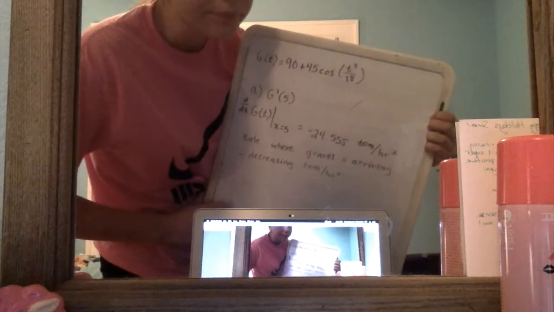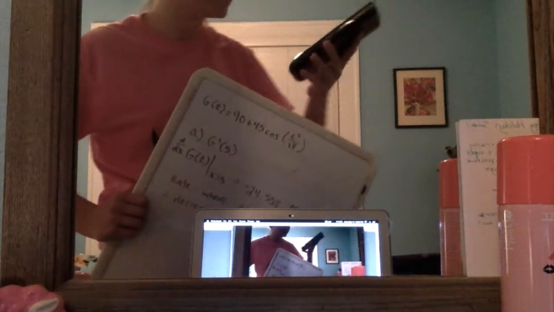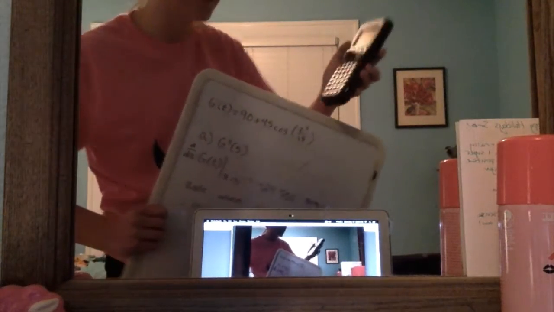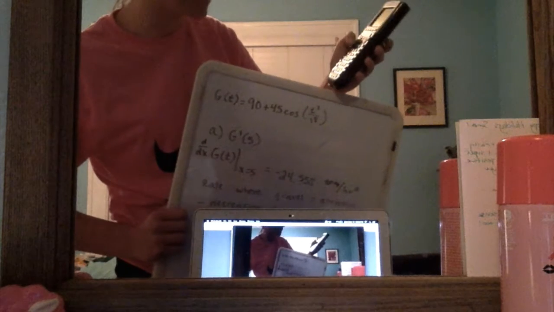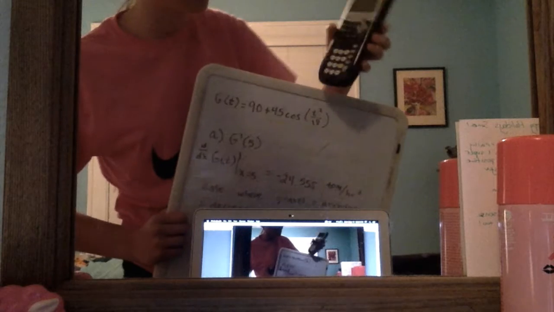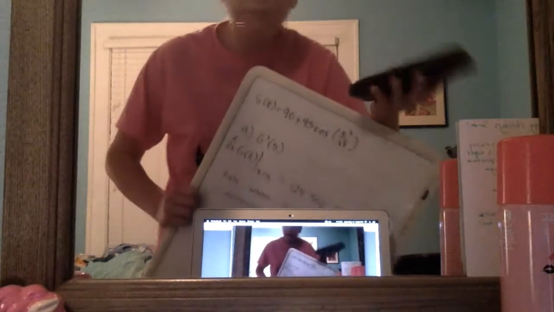So the move now is to plug the g of t equation into y equals on your calculator, then do math 8 and plug in for d over dx, and then plug in the y1 equation for x equals 5.